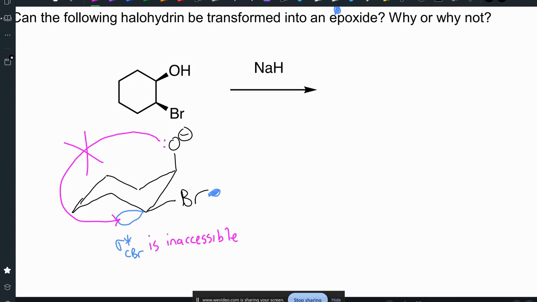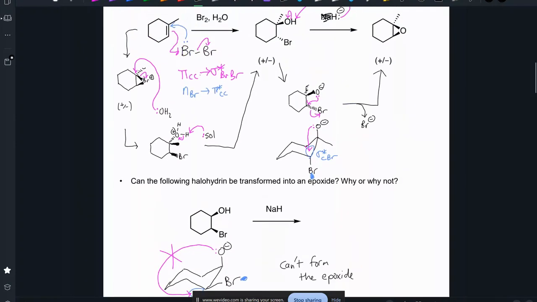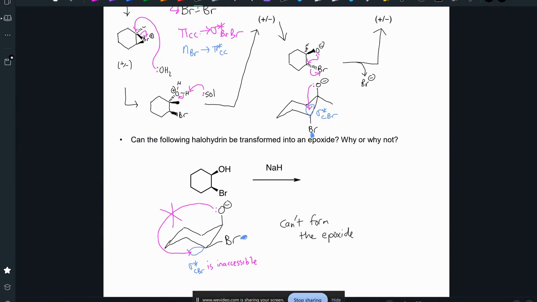So this would not make an epoxide. So in order to form the epoxide, we need to have access for the oxygen lone pair to be able to reach sigma star C-Br.